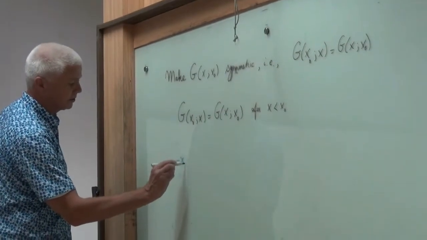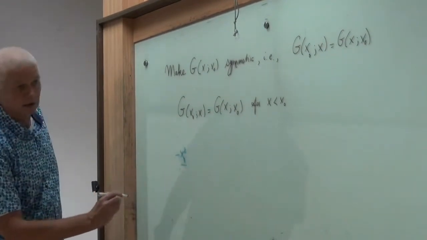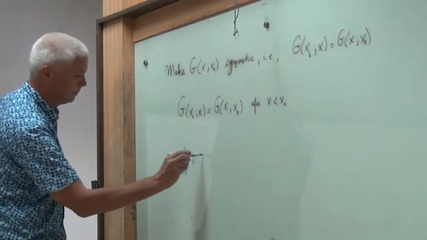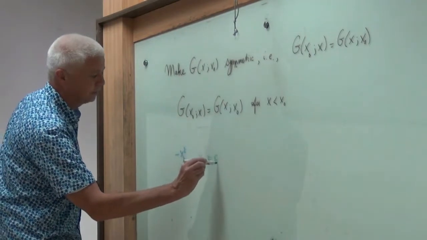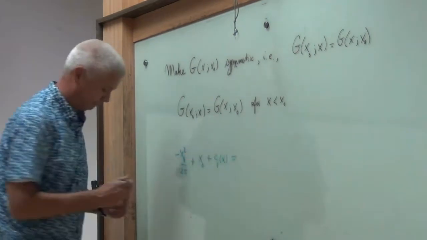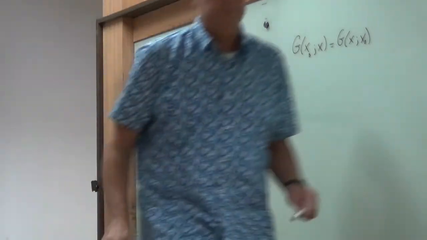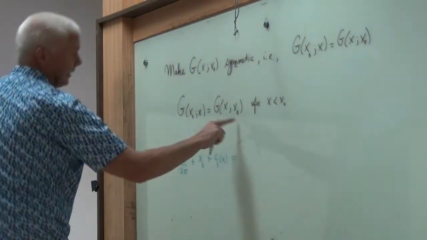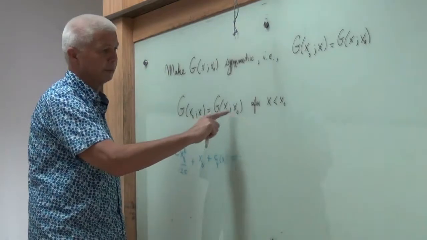So on this side I will have minus x0 squared over 2 pi plus x0 plus c4x, is equal to g(x, x0).